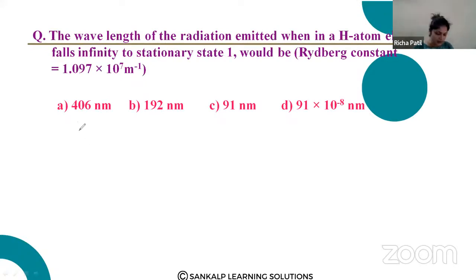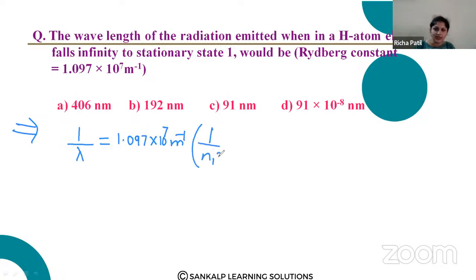So now what is the solution? What was the formula? 1 by lambda equals Rydberg's constant, 1.097 into 10 raised to 7 per meter, into 1 by n1 square minus 1 by n2 square. Now what is given here? We have to find the wavelength.